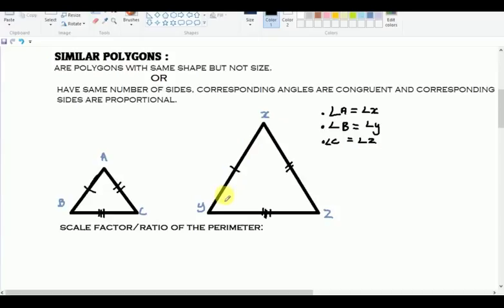I just named them like this to show that they have the same sides.